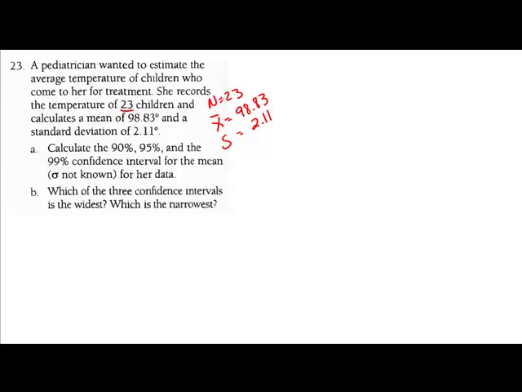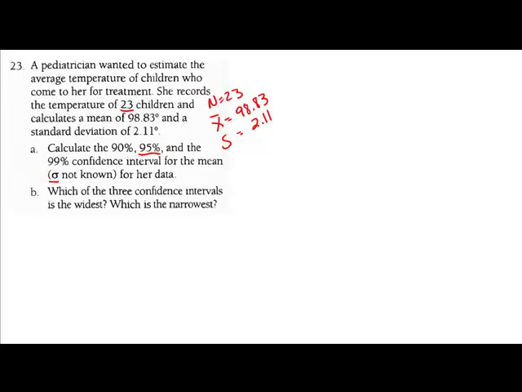Calculate the 90, 95, and 99% confidence interval for the mean. We do not know the population standard deviation for her data. Okay. I'm going to do 95. Actually, no. I'll do it the right way. I was going to get touchy and only do it one way.